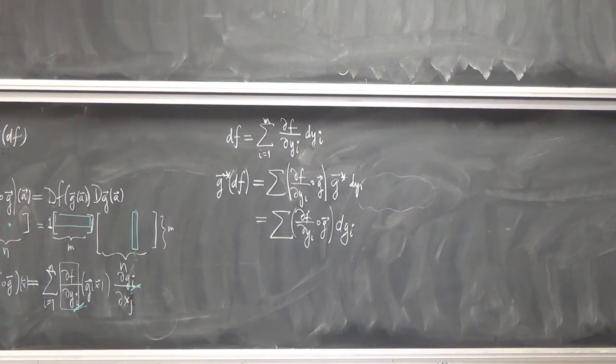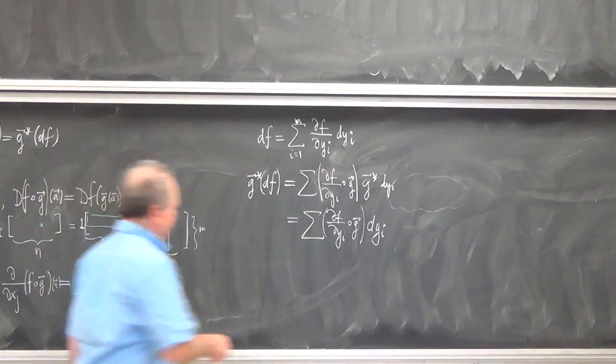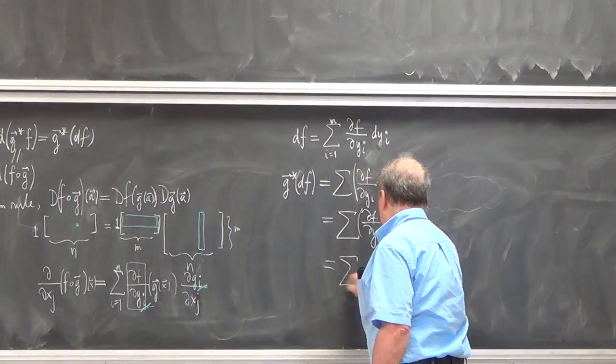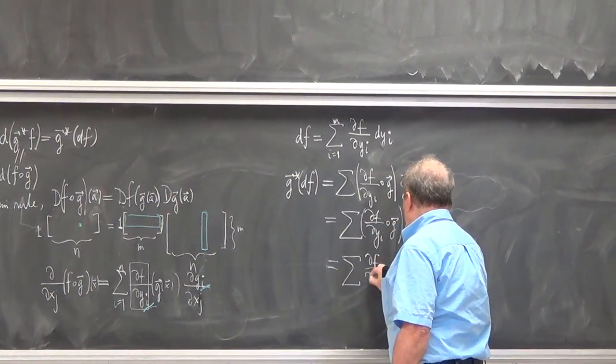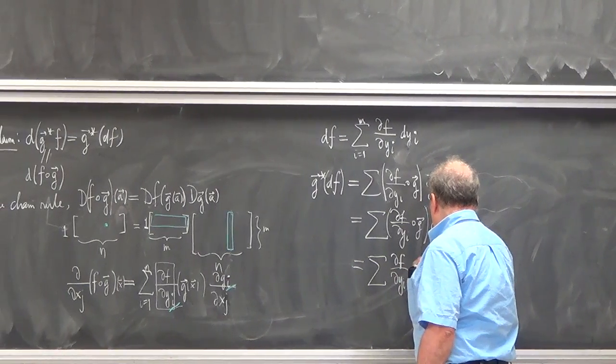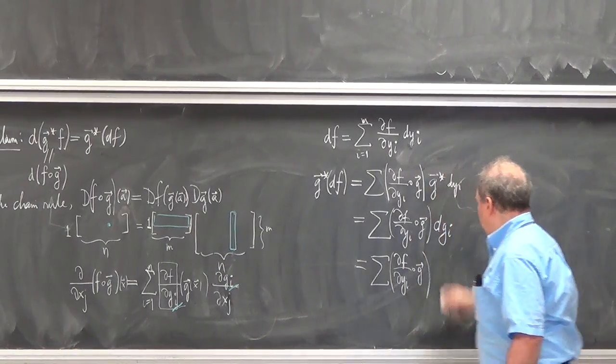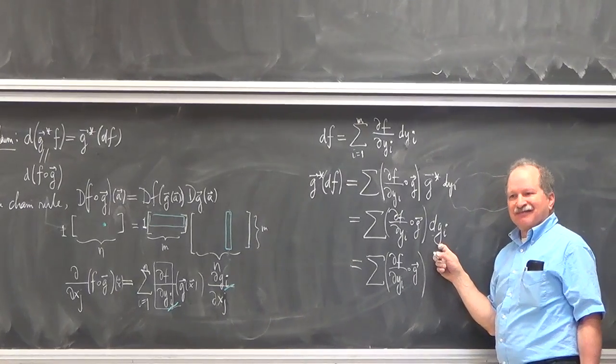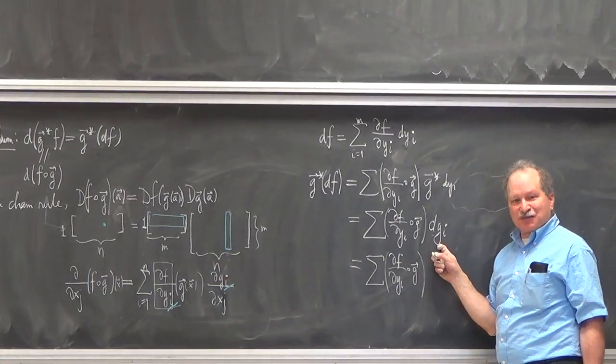Well, what is dgi? How do you take the derivative of a function? You take its partials times the corresponding dx's.